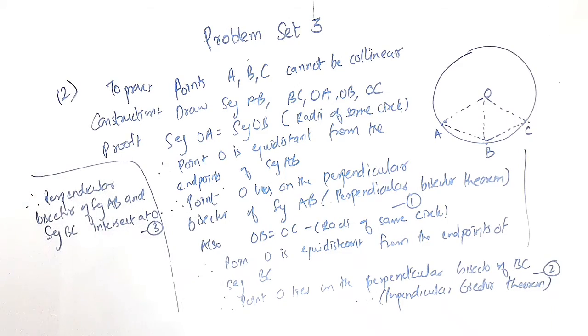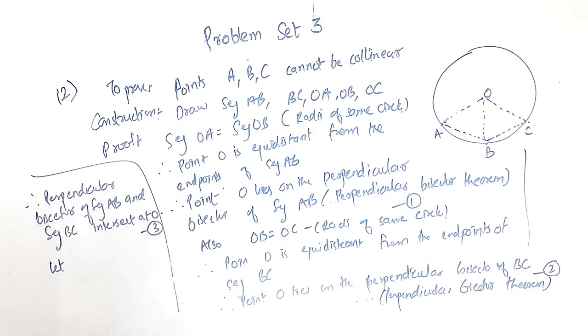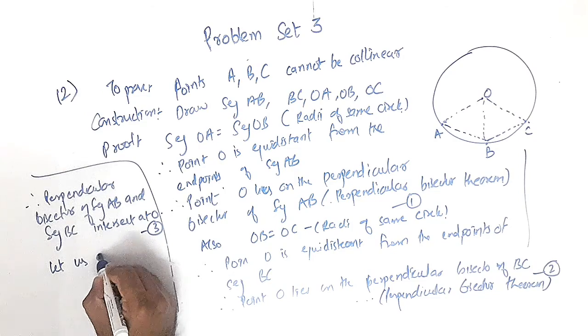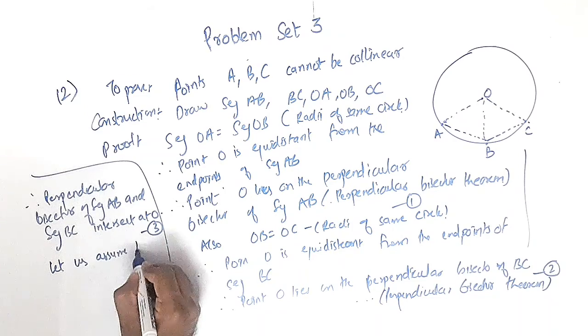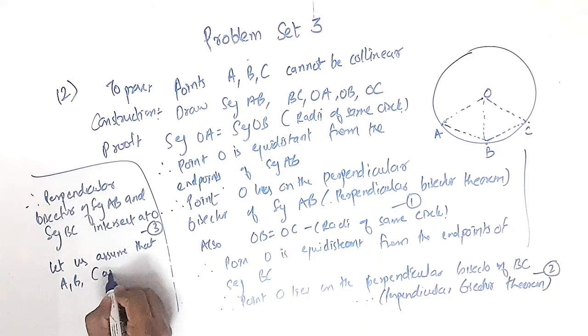Then now we'll take negative assumption. This is called negative assumption proof, which you have done in 9th standard. So let us assume that A, B, C are collinear.